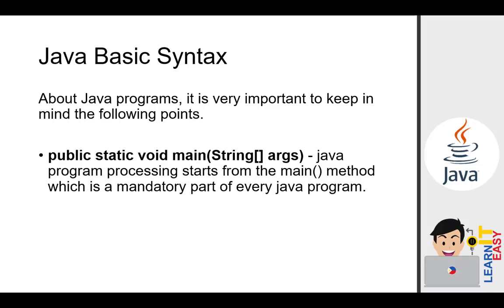Kapag gagawa tayo ng isang Java program at gusto natin siyang makitang mag-run, we should have a mandatory main method, which is yung public static void main(String[] args). If absent ito sa isang Java source code, hindi natin makikita yung magiging execution ng Java program, since ang main method, yung nag-iisang method na unang-unang hahanapin ng compiler para ma-run niya yung ating program.